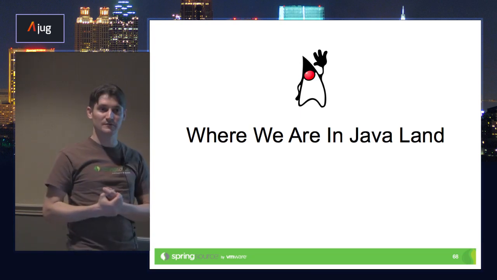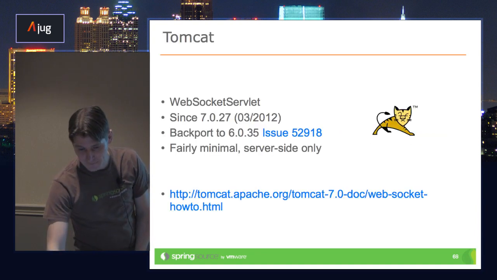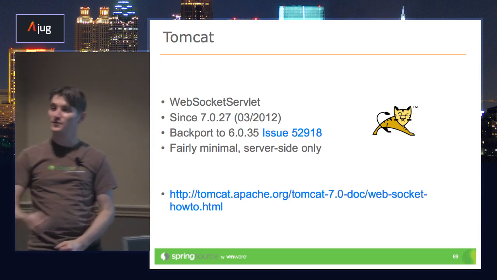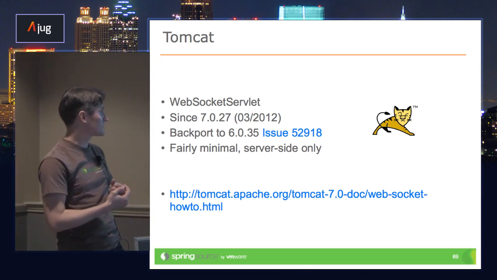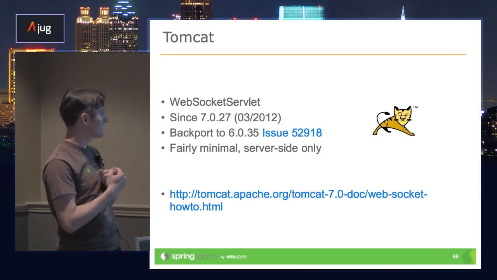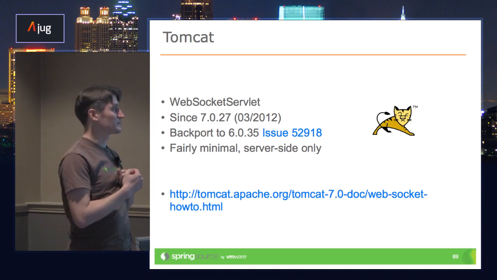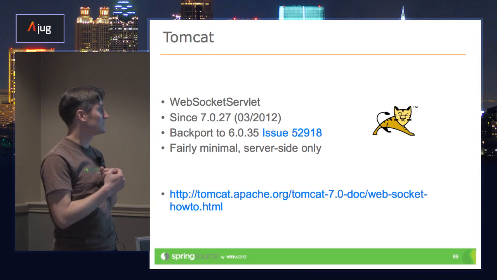So where are we with all this stuff in the Java world? We have rudimentary support for raw WebSockets across browsers. Tomcat has had the WebSocket servlet since Tomcat 7.0.27, March 2012. There's a backport issue, but it hasn't seen any activity lately.